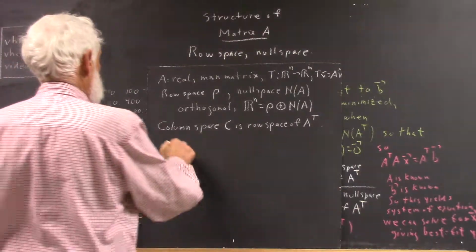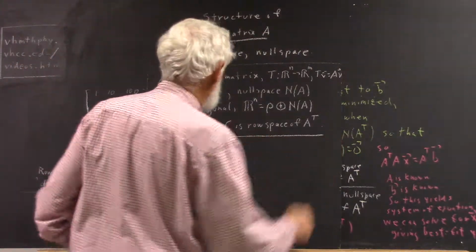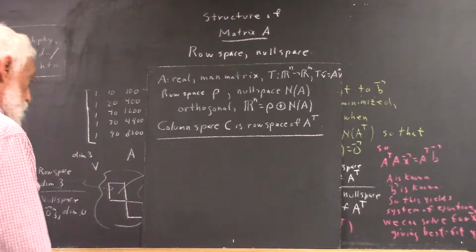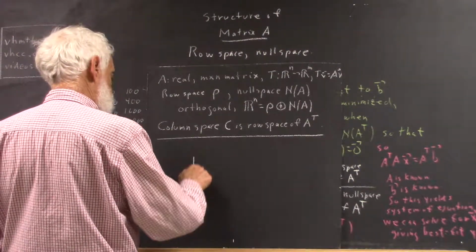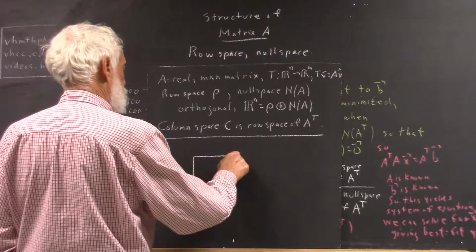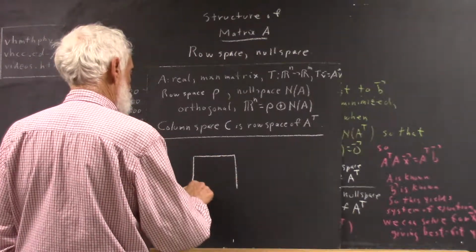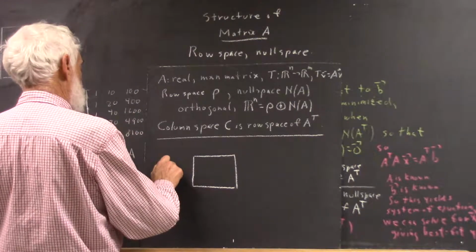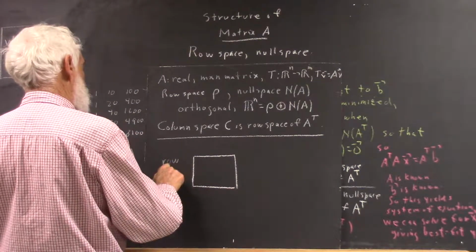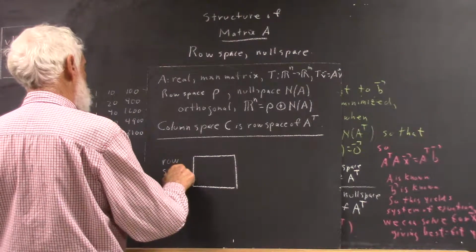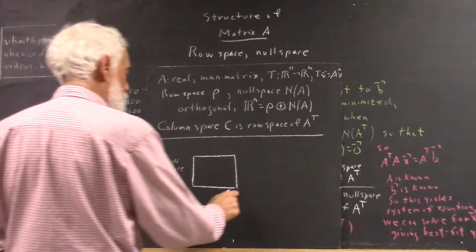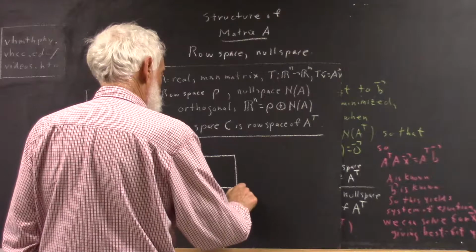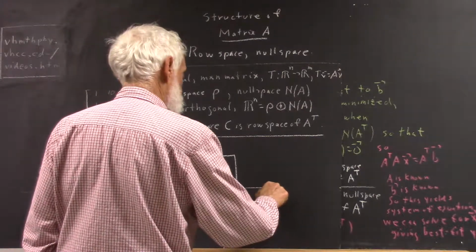So, with that background, I want to draw a picture, because that's the main thrust of what I want to say here. Okay, so we have the row space, and we have the null space.